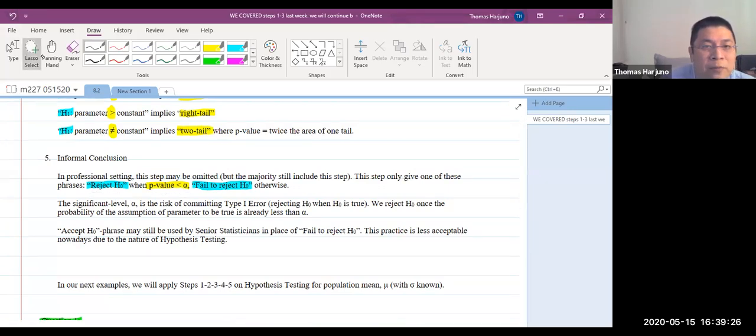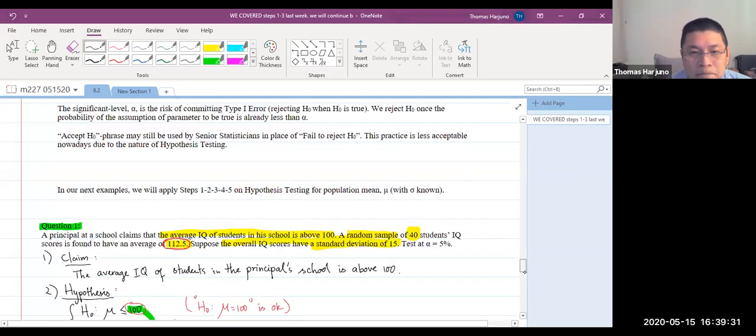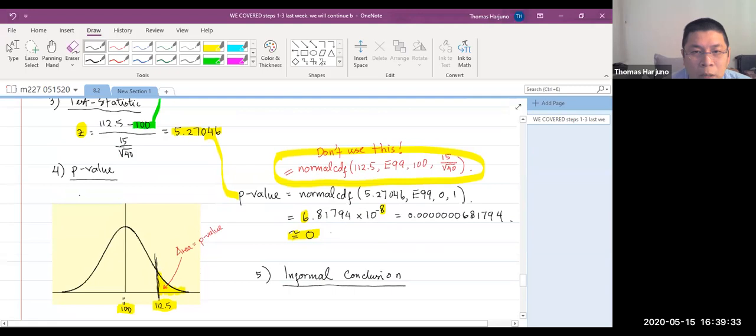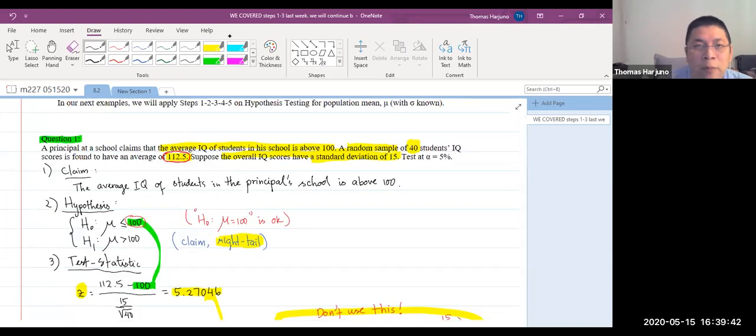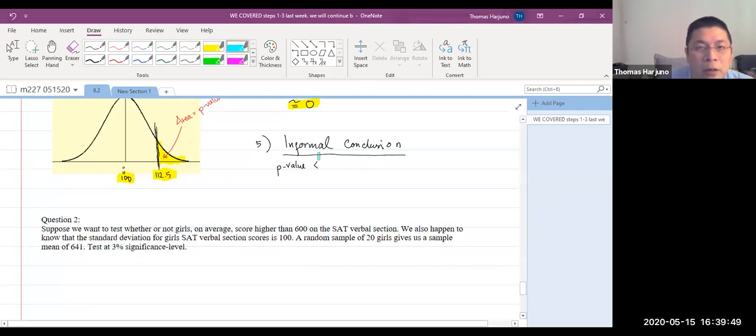If p-value is less than alpha, we say reject null hypothesis. My p-value, which is 0, is less than alpha, which is 5%. So we say reject null hypothesis.